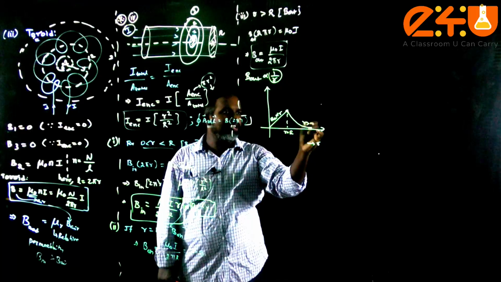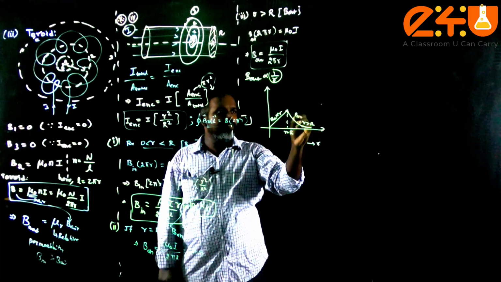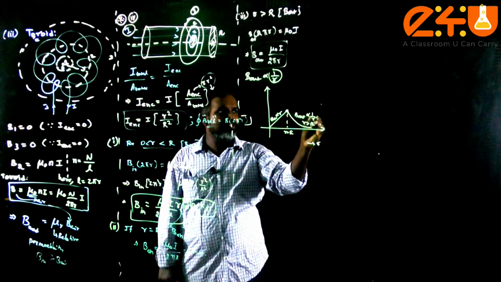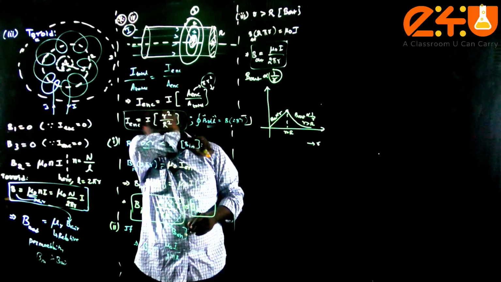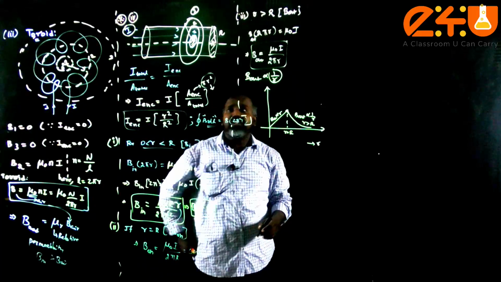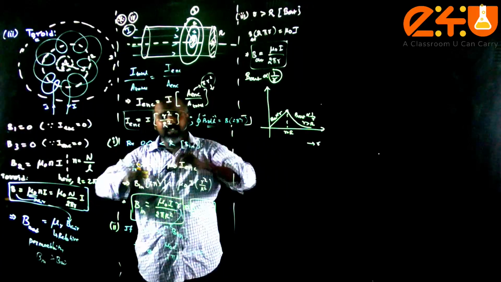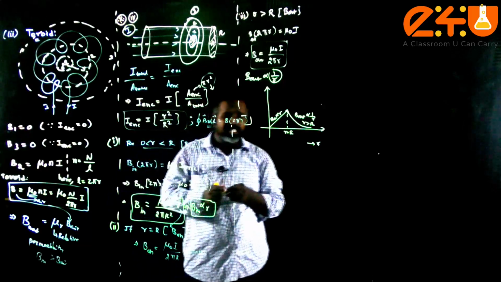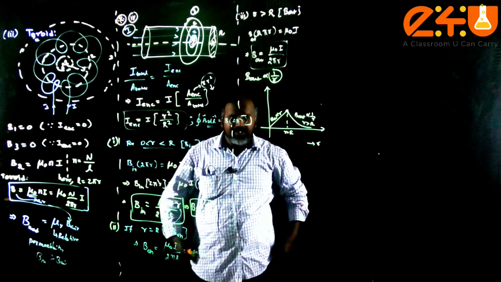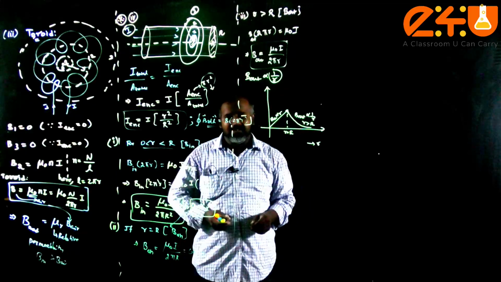This is r greater than R, and B out is inversely proportional to what, children? Small r. So this is the information about the magnetic field due to a current carrying wire where the current is distributed over the cross section of the wire.